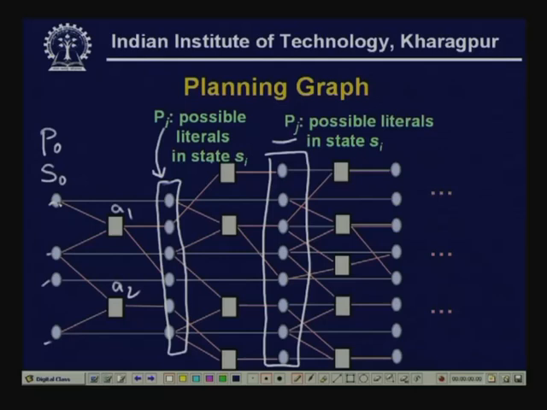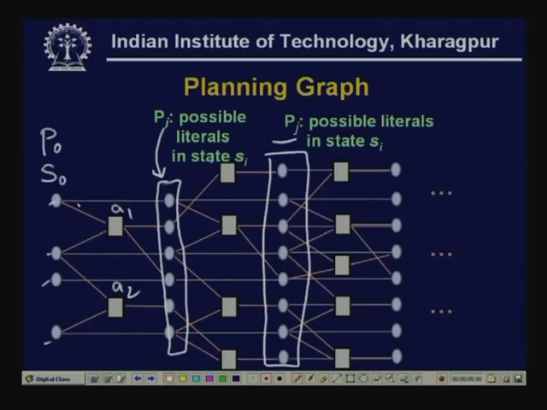You see, these pink edges from a proposition to an action mean this is a precondition edge. Edges from an action to propositions mean that they are add or delete edges. They are add edges if they go to a positive literal, they are delete edges if they go to a negative literal.